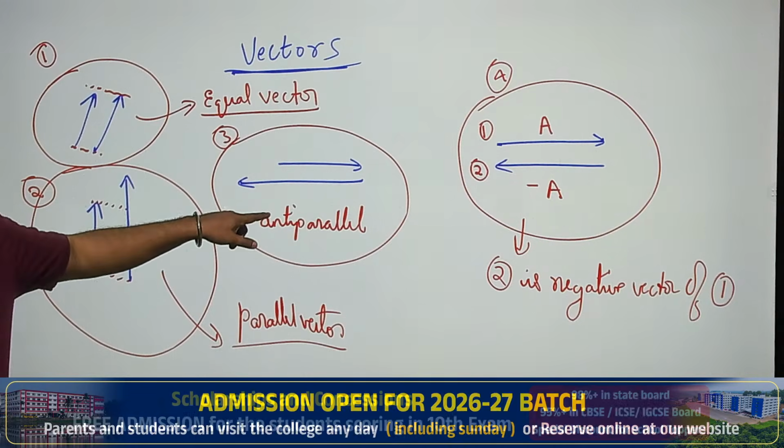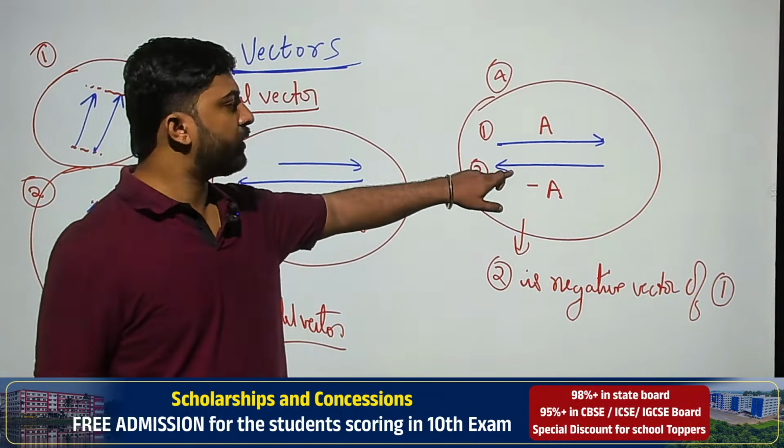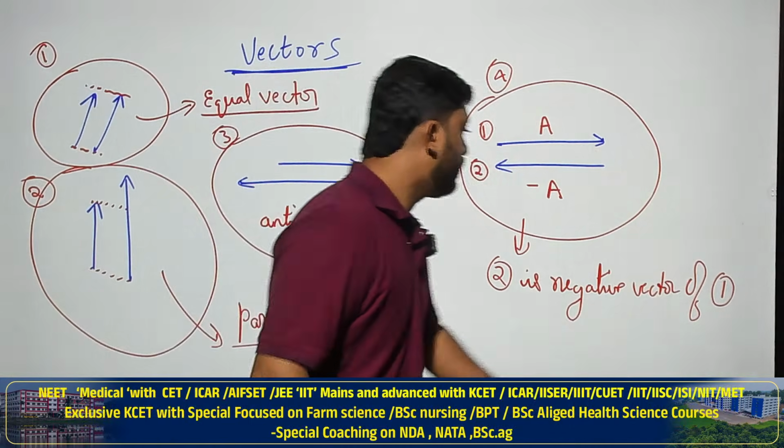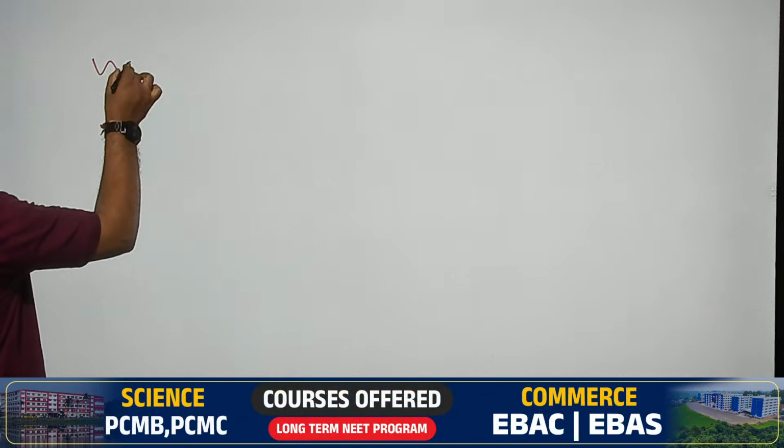When the magnitude is the same and the directions are opposite, we can call it a negative vector.